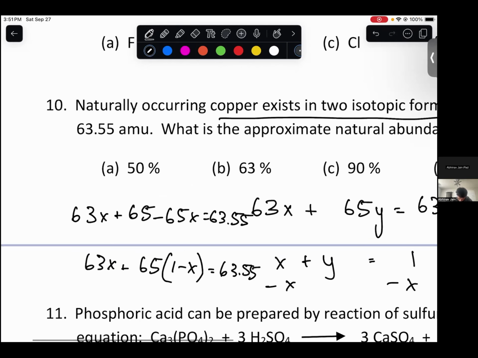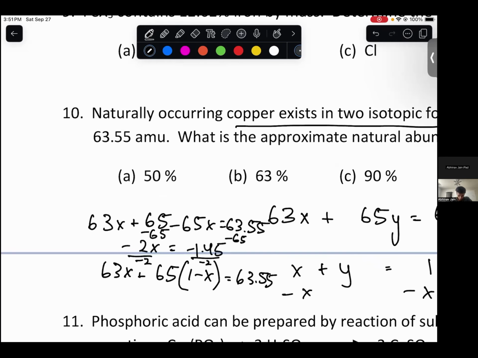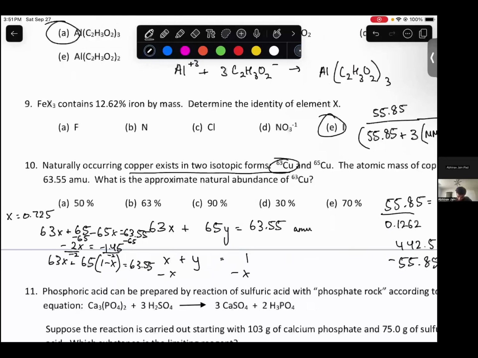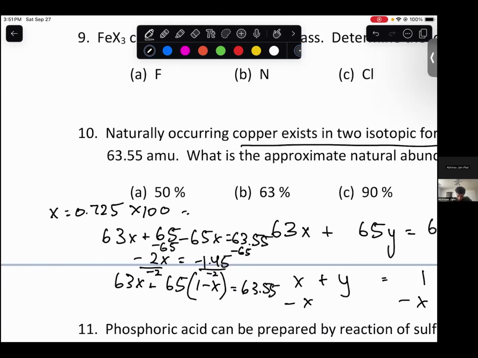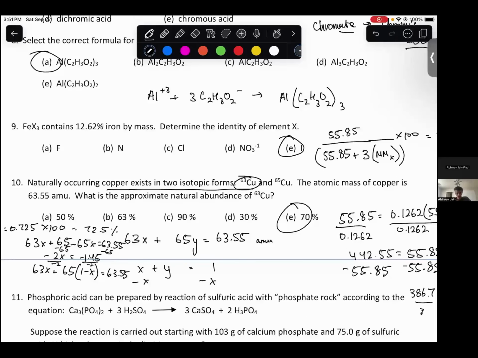So that means negative 2x equals, we subtract 65 from both sides, negative 1.45. So we divide by negative 2 on both sides. We get x equals 0.725. So that means it's 72.5% copper 63. Remember, we assigned copper 63 the abundance x. So I'll multiply this by 100 to get into a percent. So it's around 72.5%. So that's consistent with answer choice E.